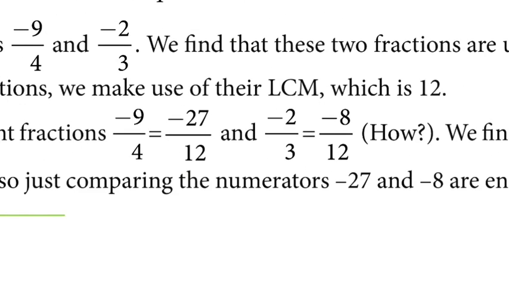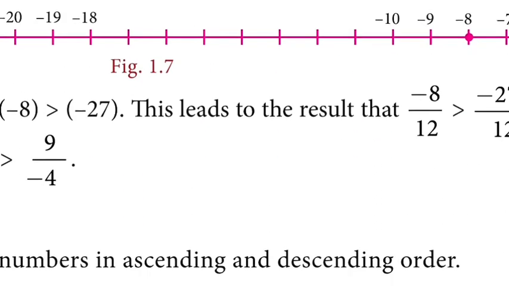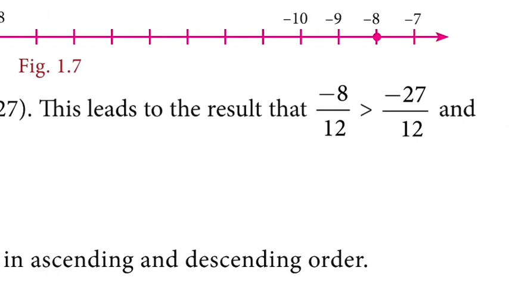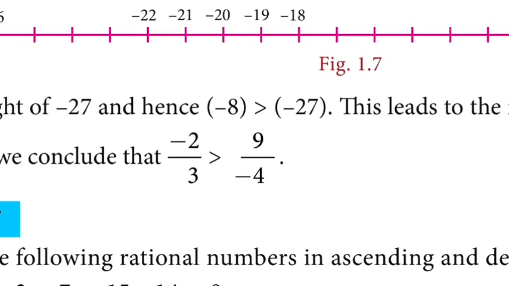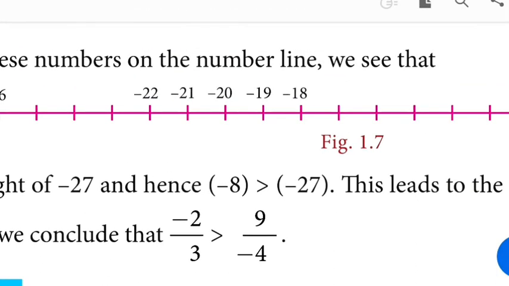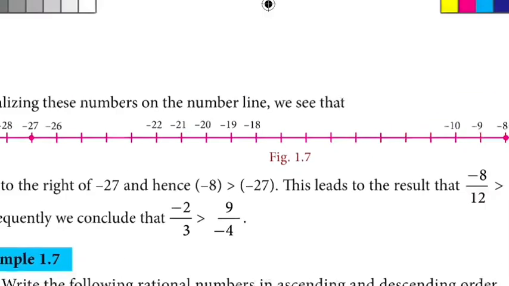In these two numbers, minus 27 is less than minus 8. Therefore, minus 8 by 12 is greater than minus 27 by 12. So the original number minus 2 by 3 is greater than 9 by minus 4. That's all.